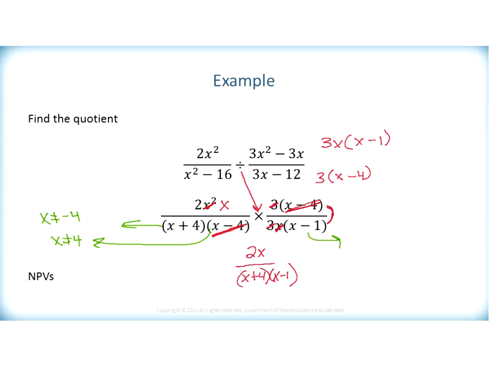We have here x cannot equal 1, and x cannot equal 0. And right here, of course, we have x cannot equal 4. This expression was in the denominator in the first step. So we have, in total, x cannot equal -4, 0, 1, and 4.